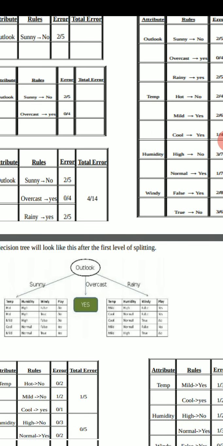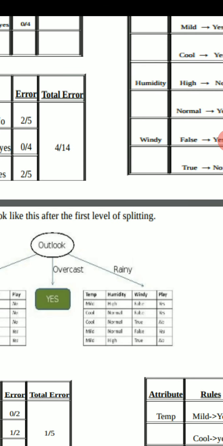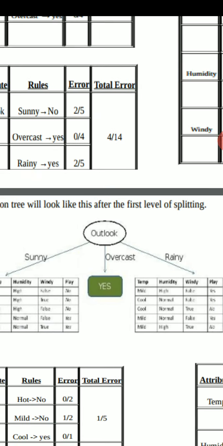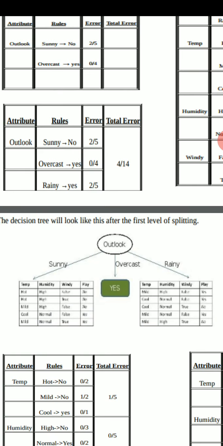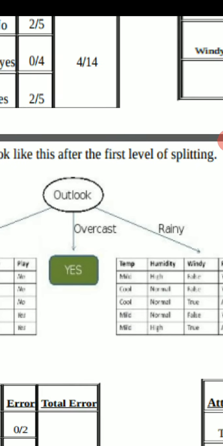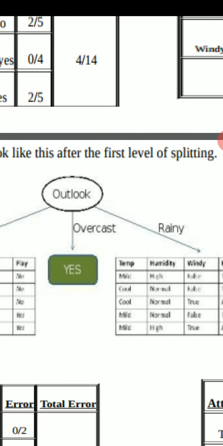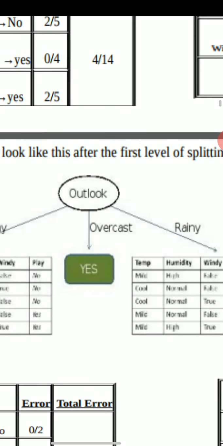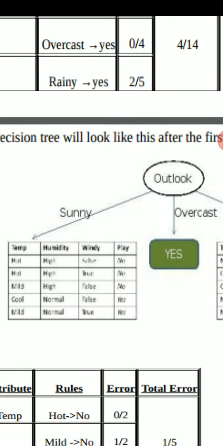Once it is done, you draw a decision tree. Now our root node is outlook, on the left part is sunny, and on the right side you can draw it for rainy. For sunny it is temperature, humidity, windy, and play. You can make the decisions.